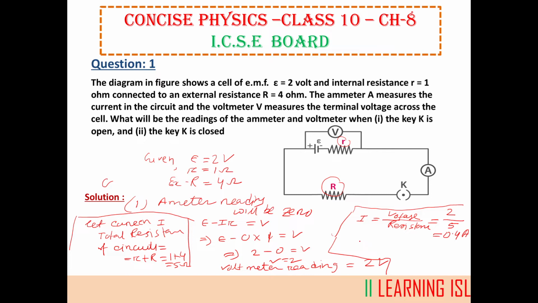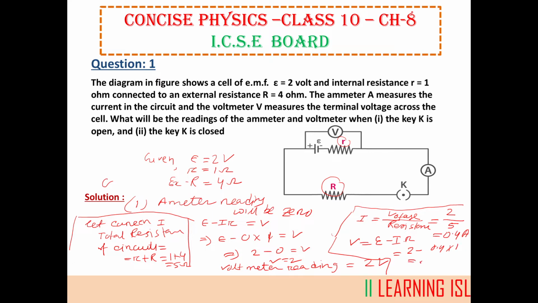So current is 0.4 ampere, and what will be the voltage? The voltmeter is connected across the battery, so V equals E minus I into small r. E given is 2 minus 0.4 into the internal resistance 1 ohm.